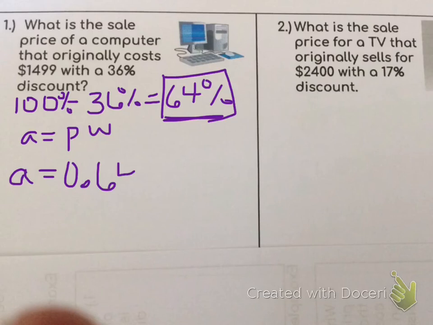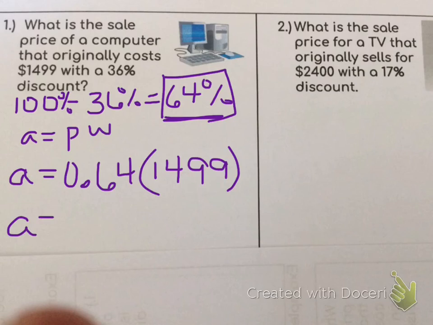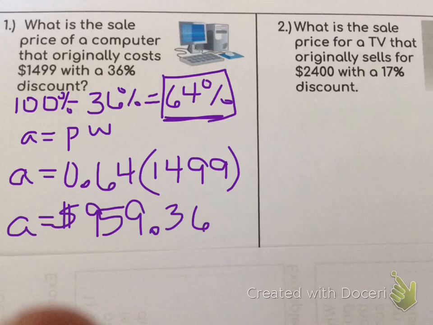That would be 64 hundredths times the original price of $1,499. And when I do that, that's not giving me the discount this time. This is just giving me the sale price. $959.36 is my sale price.